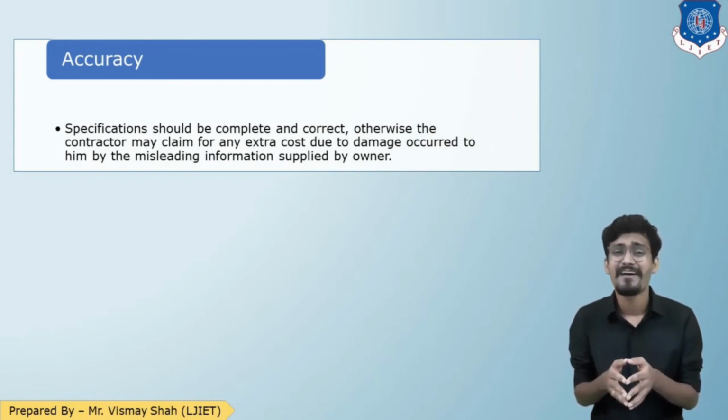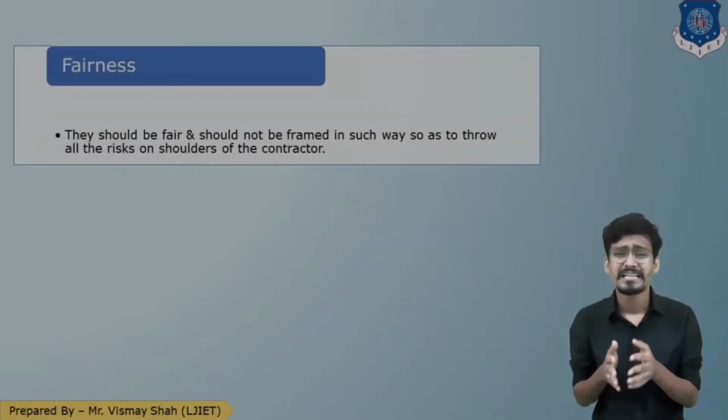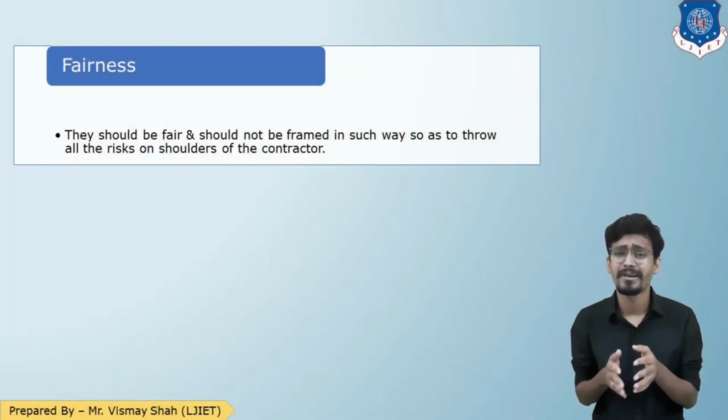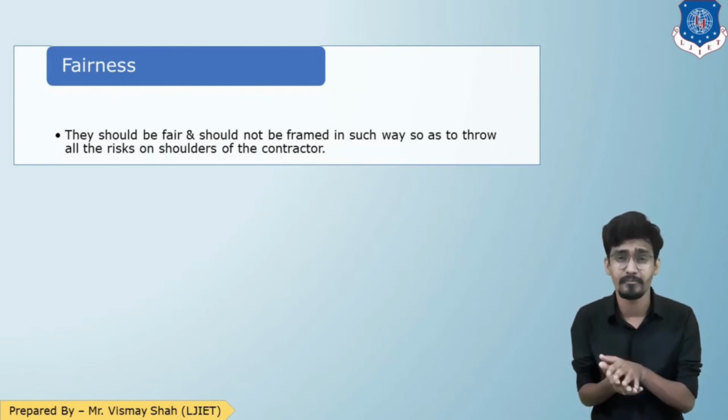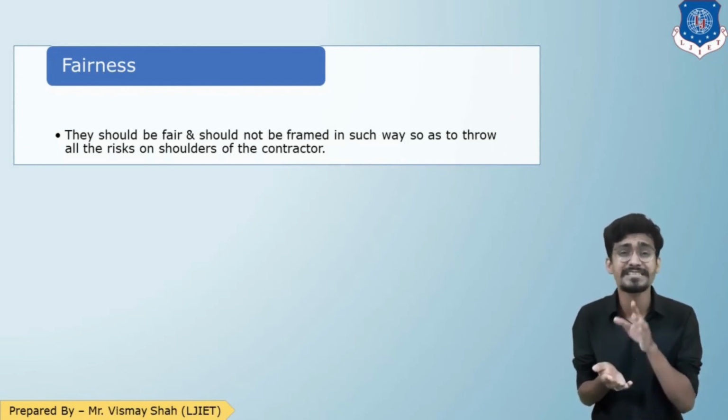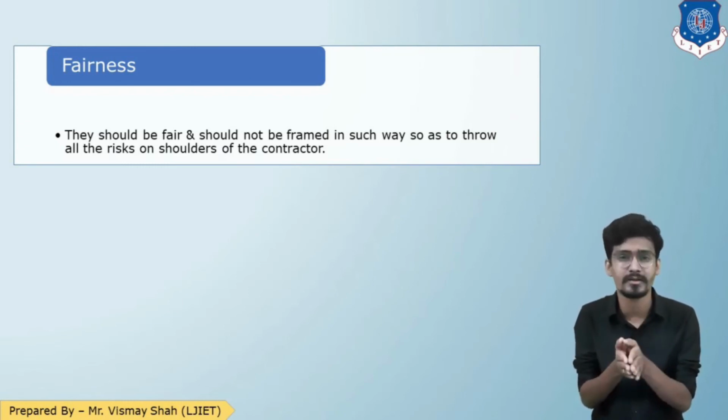The next is fairness. The specifications should be written in a fair manner and not with the aspect of throwing all the risk on the shoulders of the contractor. When you are writing the specification, you are not burdening him. The specifications are there to guide the contractor.